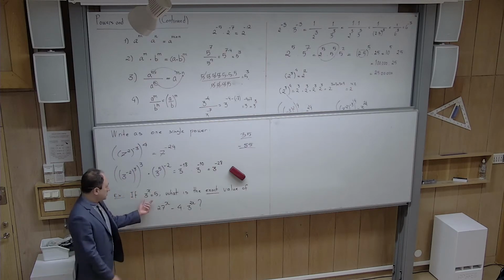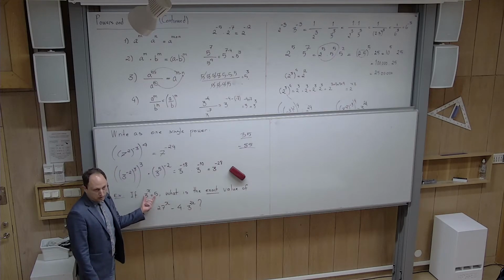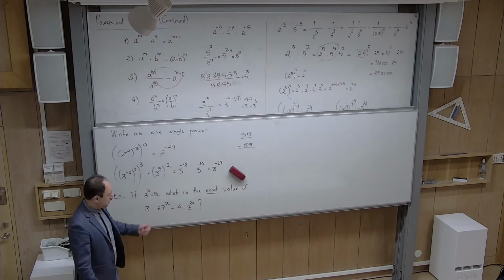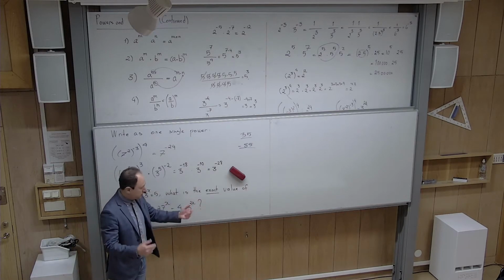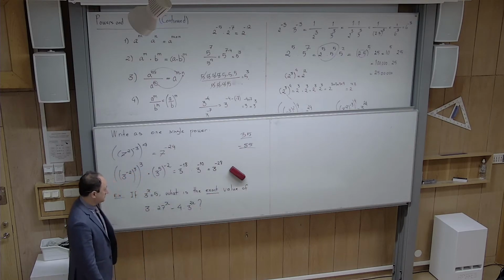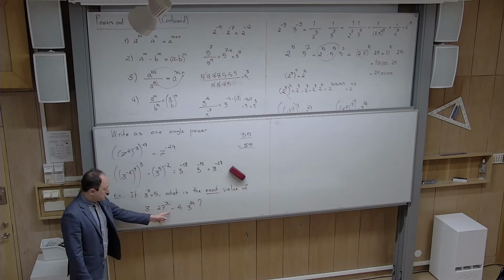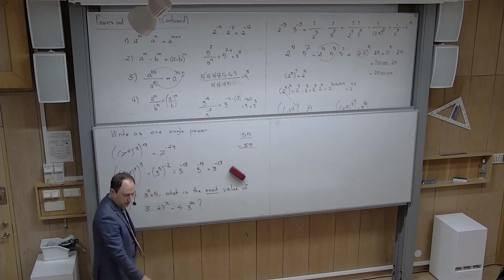One strategy, as I told you, is to find x, but that is not working here, because first of all we don't have a calculator, which is not allowed in some parts of the exam, and otherwise, even if you have a calculator, you want the exact value.